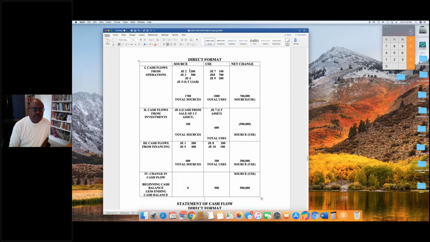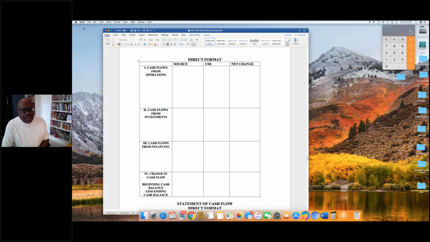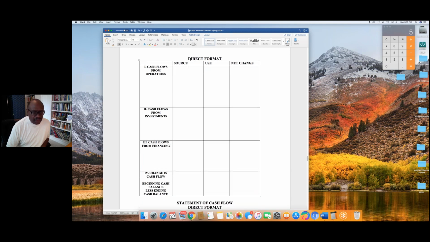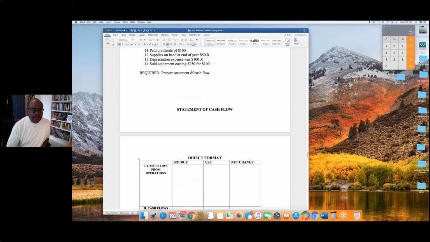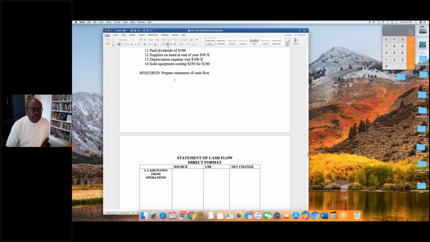Then I'm going to clear everything out so we can start with a blank one. Then we always have our solution down there to look at as we work on our statement of cash flow.